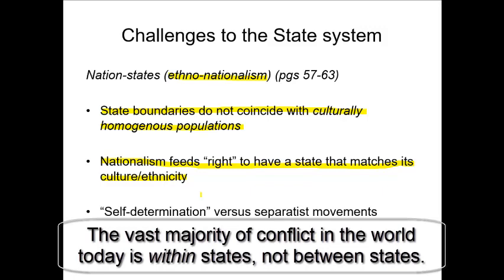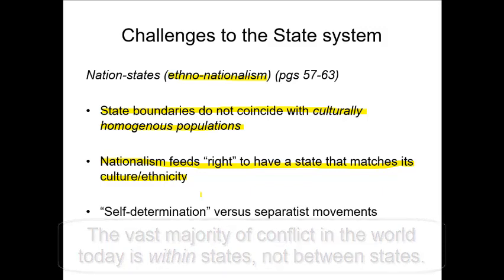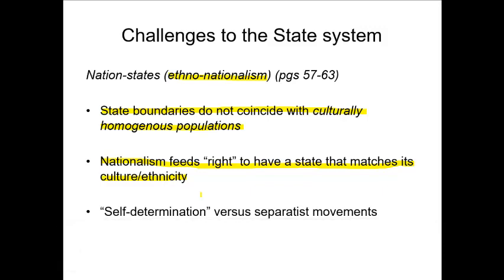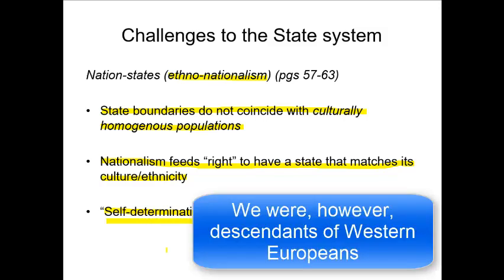We have a lot of states out there that are relatively homogeneous, but there's enough elements in there that continue to create conflict or separatist movements or self-determination. So this is where it gets debatable because the United States was formed on this theory of self-determination. We wanted to break away from Great Britain and determine our own future, and that is part of the motivation for a lot of these regions.